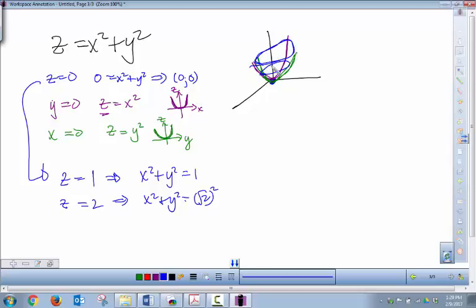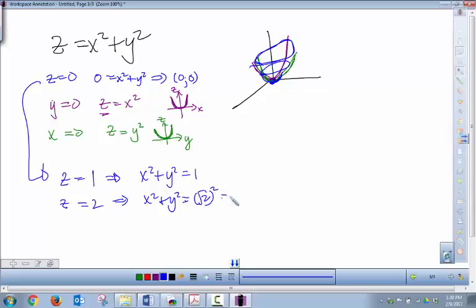Ah, I just blew it. I was doing so good too. Is it a funnel? Because this is kind of smooth in the bottom, right? So it looks like a bowl. Square root of 2.